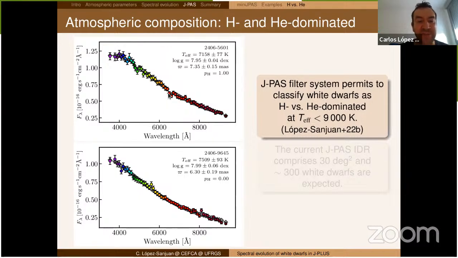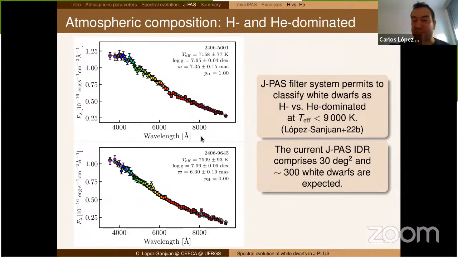We see subtle, but it is there, the H alpha, H beta, and also the higher opacity of the atmosphere in the ultraviolet bands. While in the lower case, we have a DC, because we are below 11,000 Kelvin. So basically, the shape is featureless.